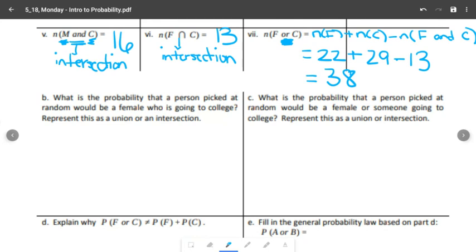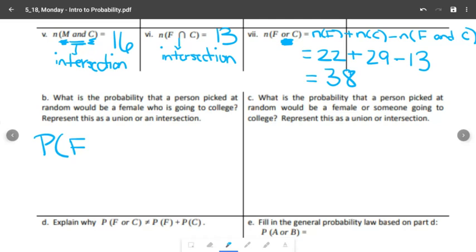So part B, what is the probability that a person picked at random would be a female who is going to college? Represent this as a union or an intersection. So which one are we dealing with? Well, we are looking for the probability of female who is going to college.